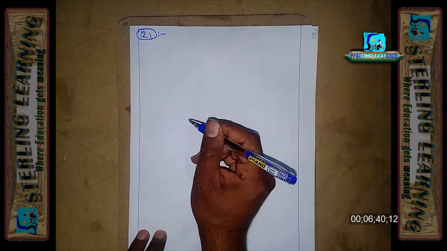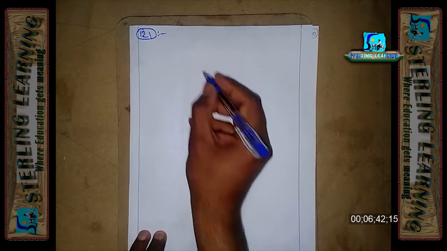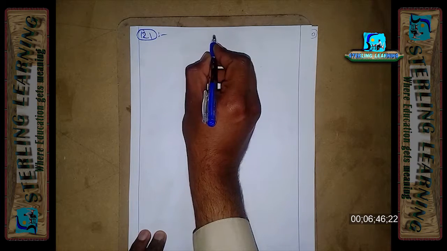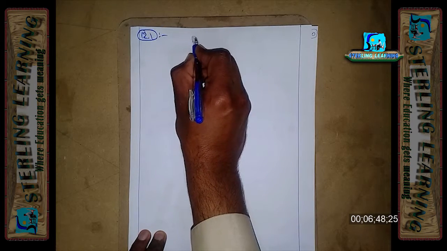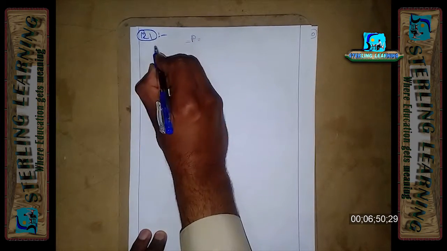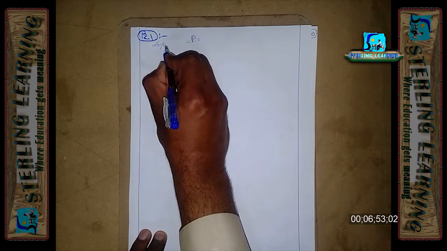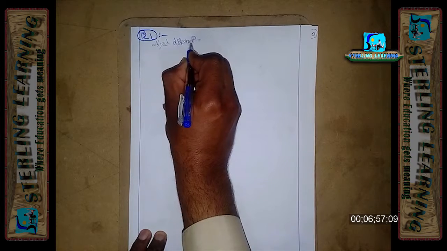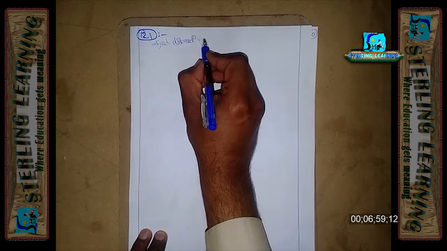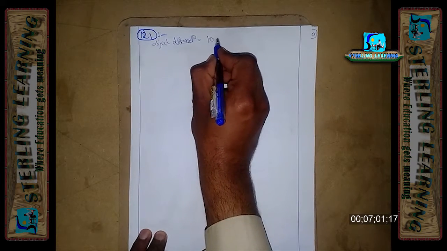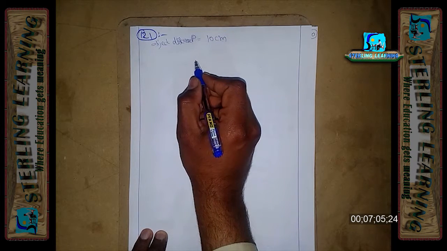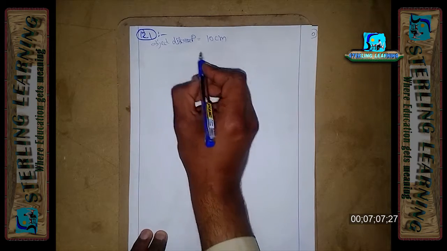An object is 10 centimeter in front of a convex mirror. The object is in front of the convex mirror, so it is P, the object distance. So P is 10 centimeter and it forms an image 5 centimeter away.